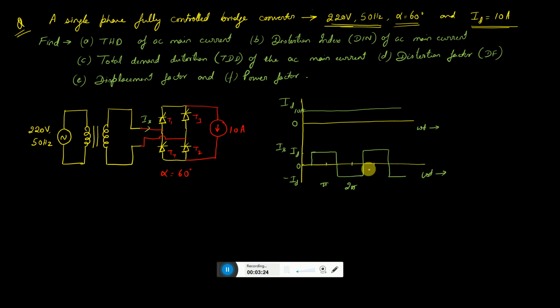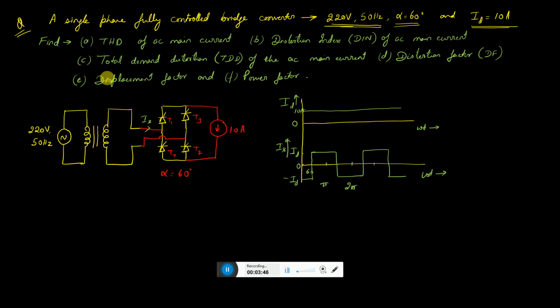So instead of starting from 0, it will be starting at 60 degrees, and at steady state we will be getting this type of waveform. So the input current waveform looks like a square wave. The output current is a perfect DC of 10 ampere.